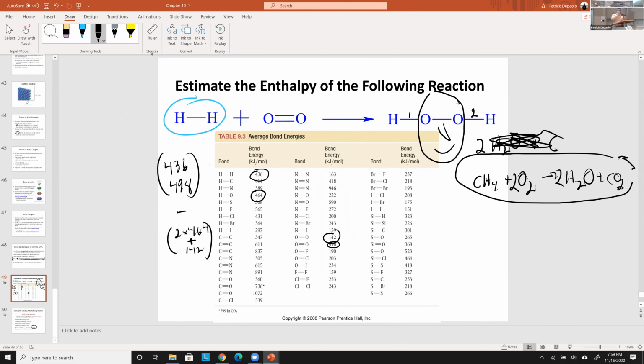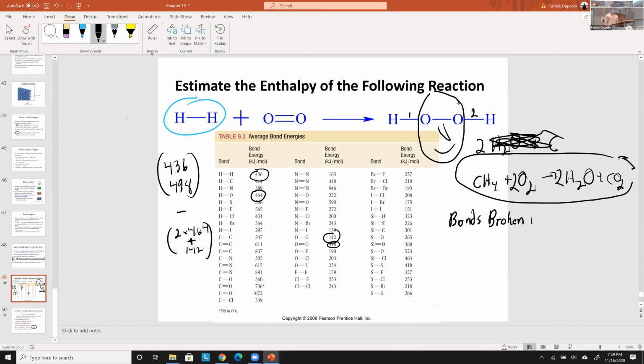Okay, so bonds broken. I'll try to section it off. The first thing, we have CH4. We know from the Lewis structure of CH4 that it's 4 CH bonds.